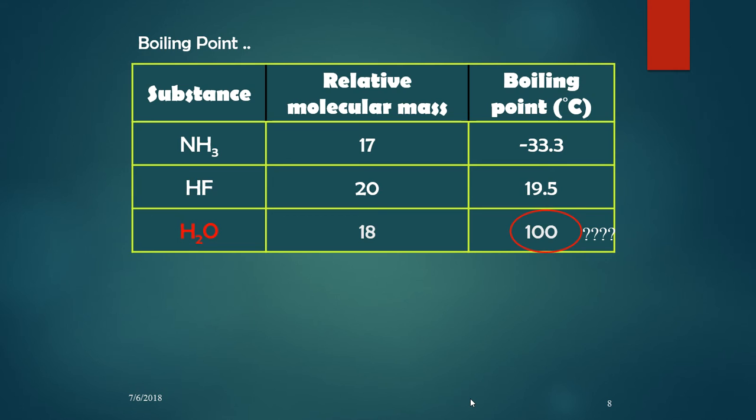Here you see the boiling point of H2O water and HF has a large gap: 100 degrees compared to 19.5 degrees. How does this occur when the relative molecular mass is not very different?